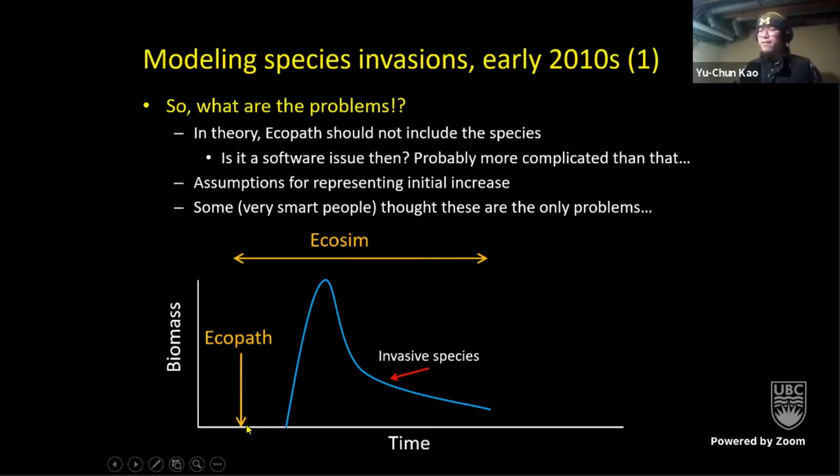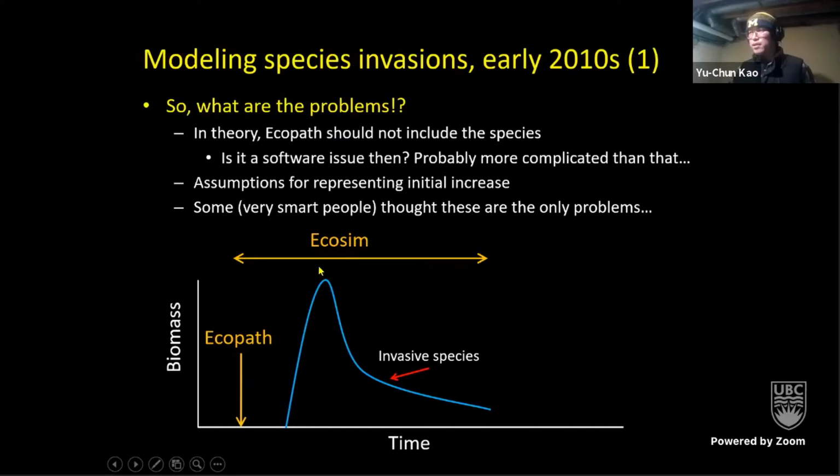And then you have this species invasion in the Ecosim period. For zebra mussel, it's by the end of the 80s, and for quagga mussel, that would be the late 90s. So now you have this Ecopath model, and nothing happened here.